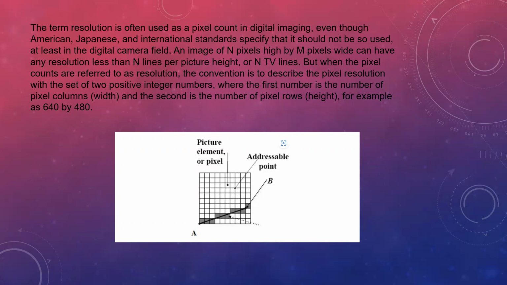But when the pixels are counted as resolution, the convention is to describe the pixel resolution with a set of two positive integers, where the first number is the number of pixel columns and the second is the number of pixel rows. For example, 640 by 480. So the first represents the pixel columns, and the second number represents the pixel rows. Here, the pixel columns are 640 and the pixel rows are 480. Here you can see the grids of the pixel, the picture element, and addressable point.